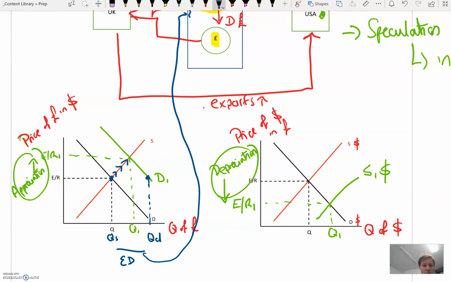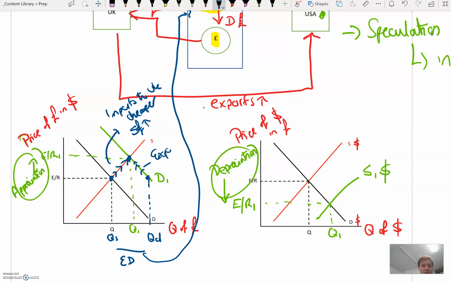Why? Well, as the pound increases in value, imports to the UK become cheaper. And as imports into the UK become cheaper, the supply of the pound, so movement along the curve, is going to go up, and we can see that there as we go to the new equilibrium.